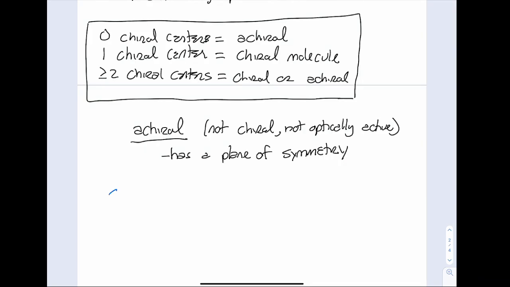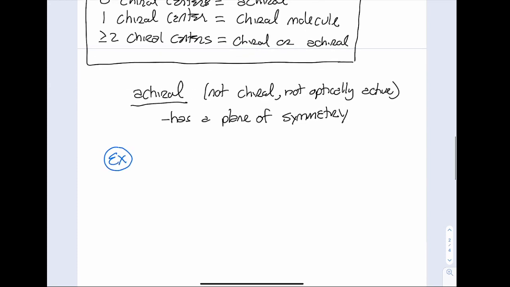I want to go through some examples. So I'm going to draw some organic molecules, and we're going to identify chiral centers. And then after we do that, we'll determine is the molecule chiral or achiral. So I'm just going to draw some molecules here.